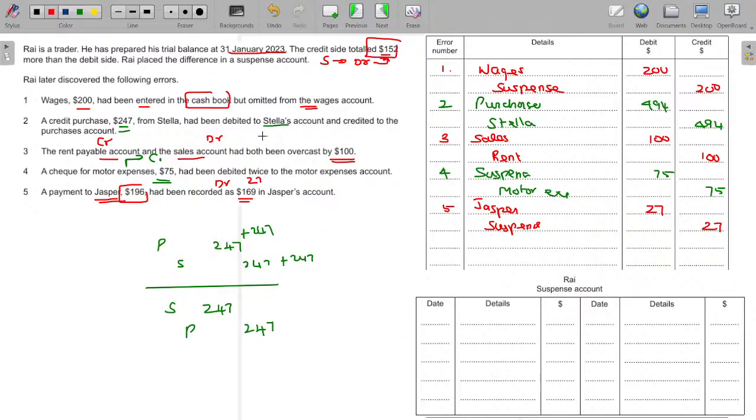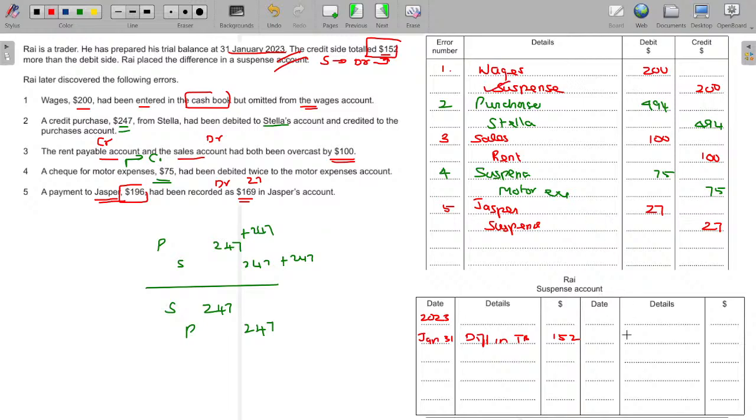Date: 2023 Jan 31. Balance brought down, or difference in trial balance. That's how you can name it. Difference in trial balance, 152.